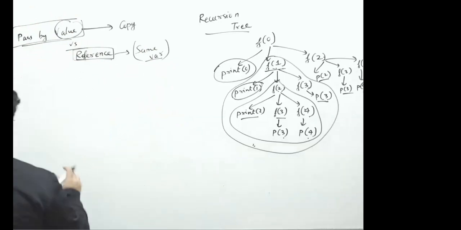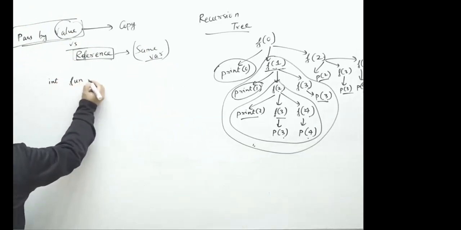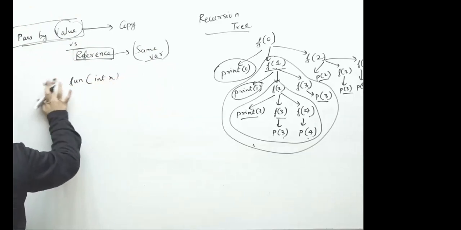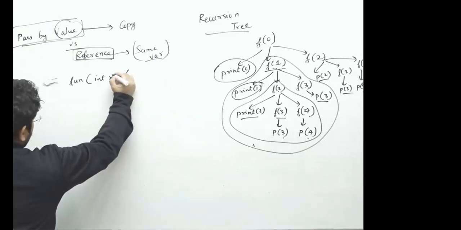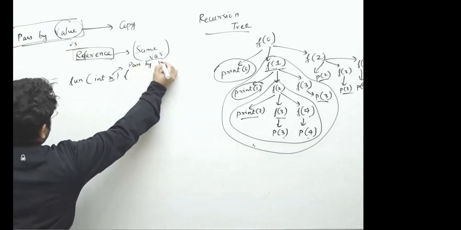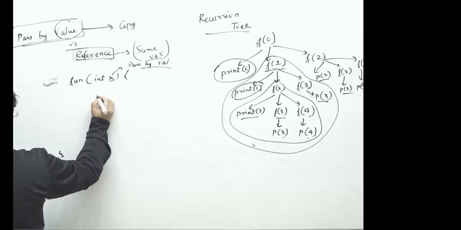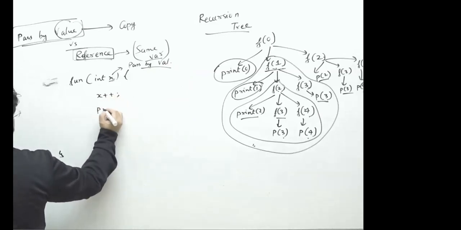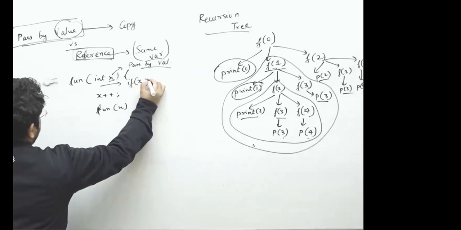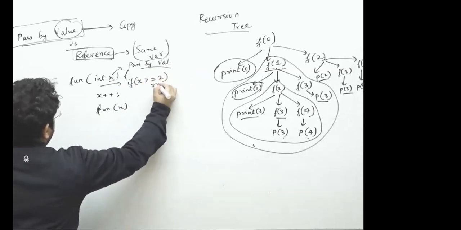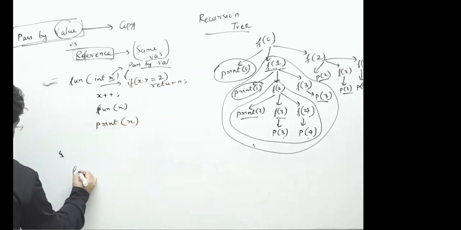Okay, let's see the implication of it. So let's say I write some function like this. This is passed by value for now, and I say x plus plus, func of x, and if x is greater than or equal to 2, return, and here you print x, and let's say I call func of 0.